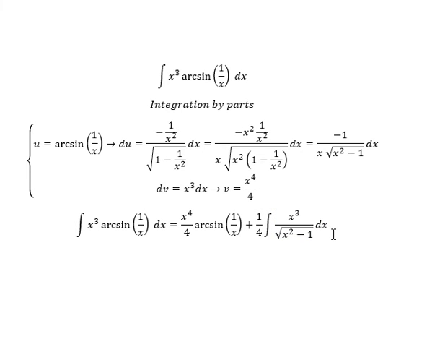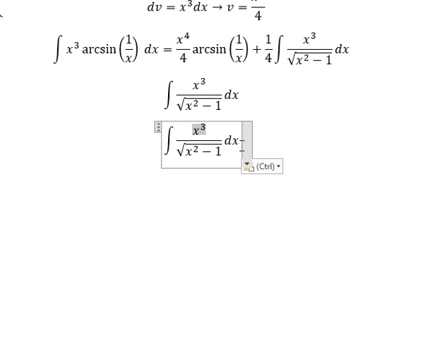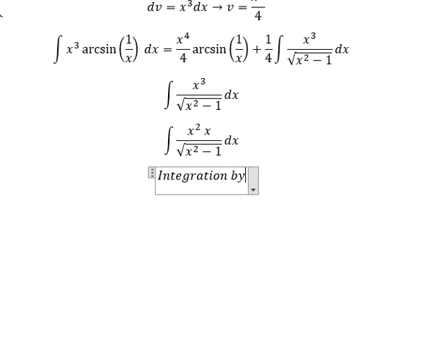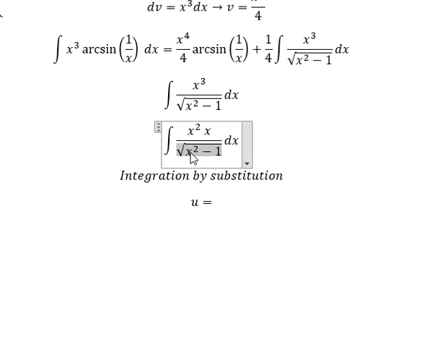Now we need to focus on this one. This one I need to write as s squared and s. Next we can use integration by substitution. So I will put u equals the square root of s squared minus number 1.